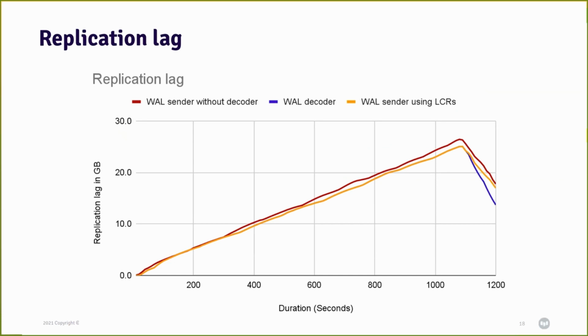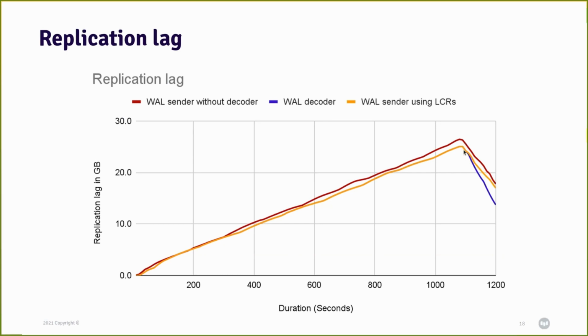The brown line indicates the replication lag that has built over the time in a WAL sender which is not using decoder, whereas the yellow or orange line indicates the replication lag that builds up when the WAL sender is using LCRs, and the blue line indicates the same for the WAL decoder. The y-axis is replication lag in GB, and you will see some improvement in the replication lag.